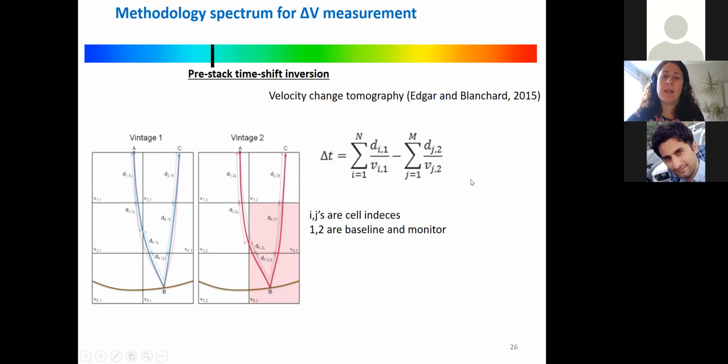They set up a pretty large tomographic inversion to solve for all of these individual slownesses in baseline and monitor to properly spatially pin down the location of velocity change.